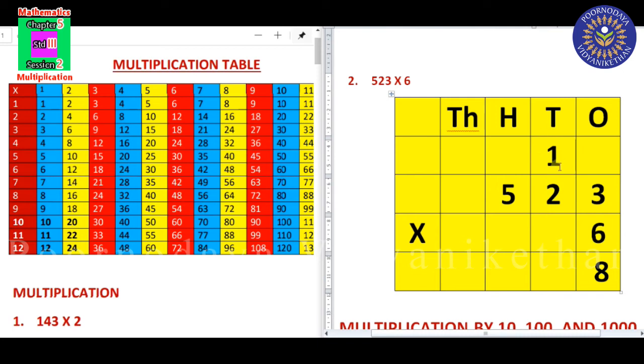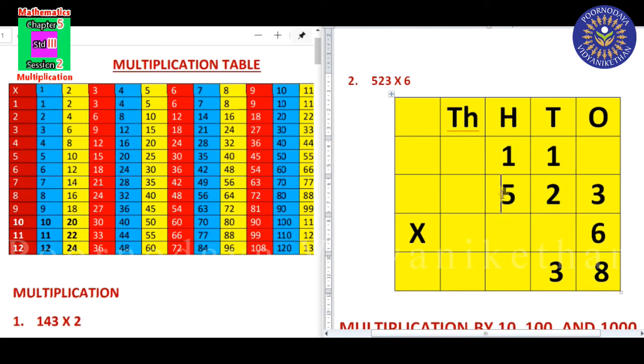This carried over 1 we have to add with that 12. 12 plus 1, 13. So 3 you have to write here in tens place. 13, they carried over 1. Clear? That 1 you have to write in hundreds place.